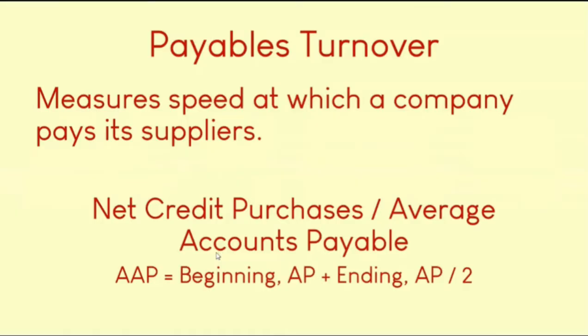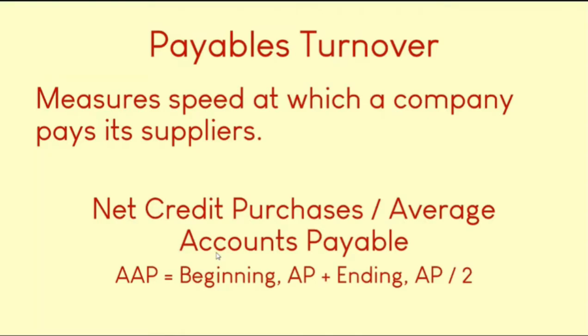So we proceed with the payables turnover. If receivables turnover measured how fast we collect the debt that are owed to us, then the payables turnover would measure the speed at which we pay the companies whom we owe. So the involved accounts in here is the net credit purchases.